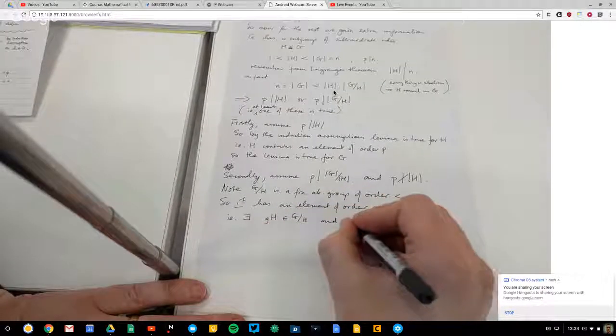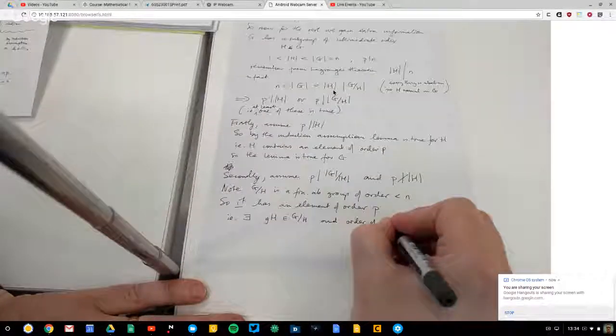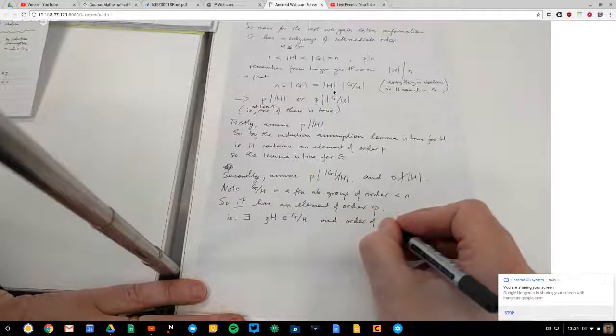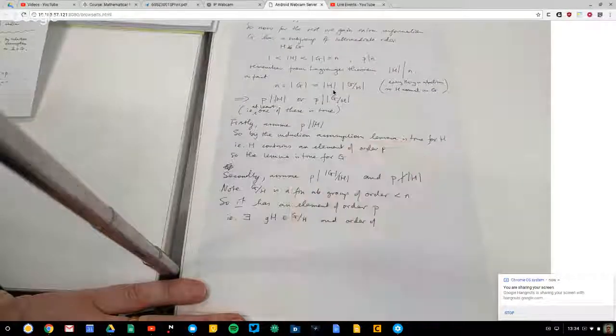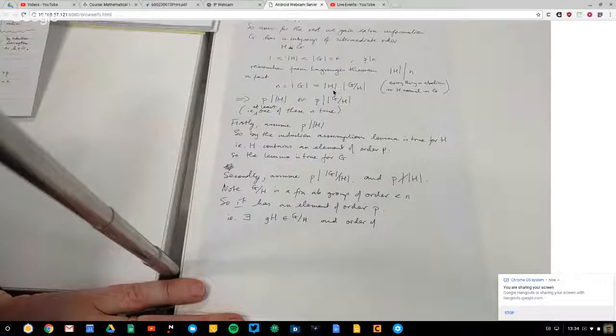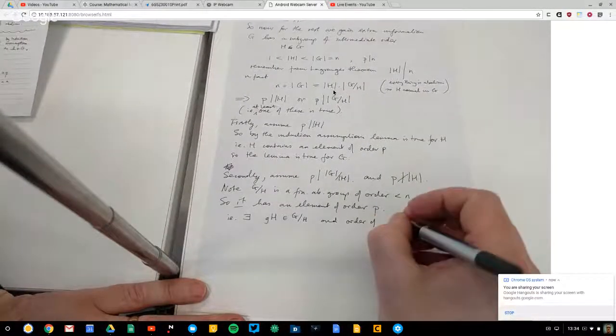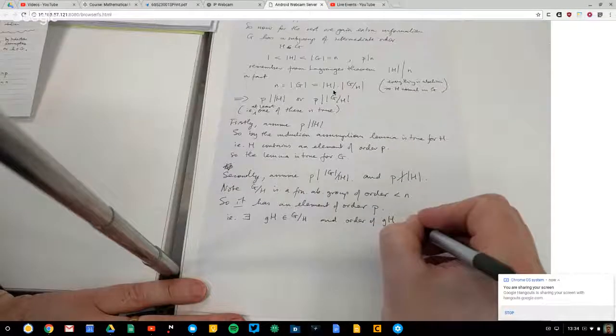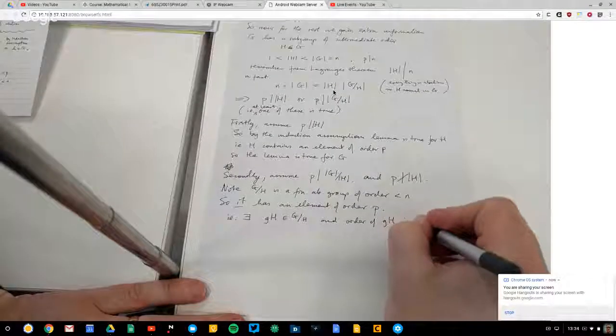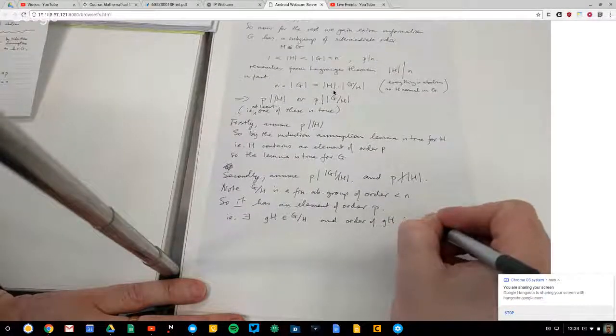This is one case where using modulus signs for the order of group elements might be slightly confusing, so I'm writing out that the order of gH in G mod H is p.